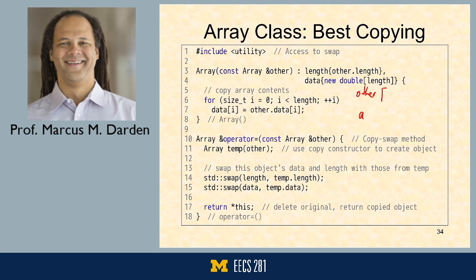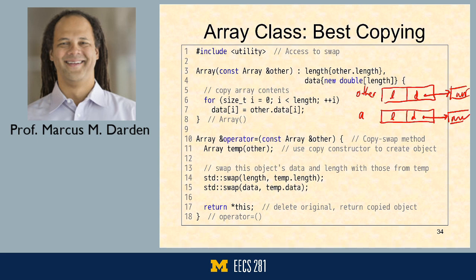So you can imagine A might have something like its own length and its data, which is a pointer off to some stuff, right?